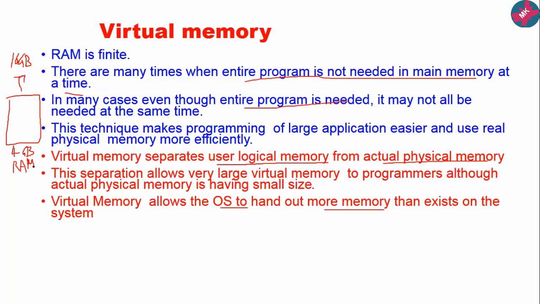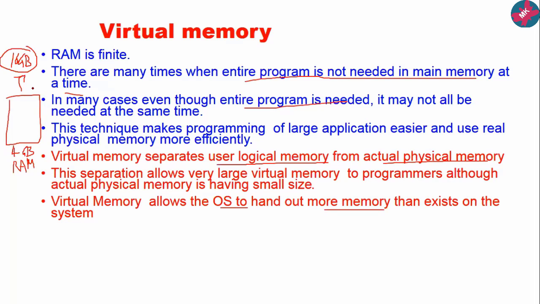And due to this, the programmer can write programs which are much larger than the physical memory. This frees the programmer to write programs of very large size, because the operating system makes provision for more memory.